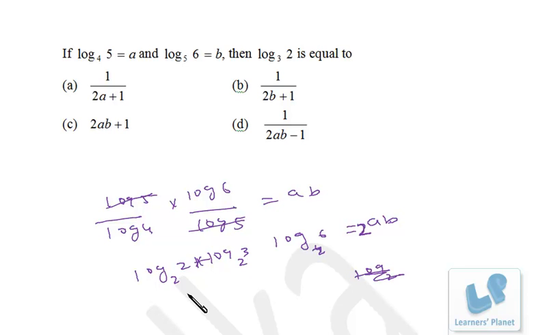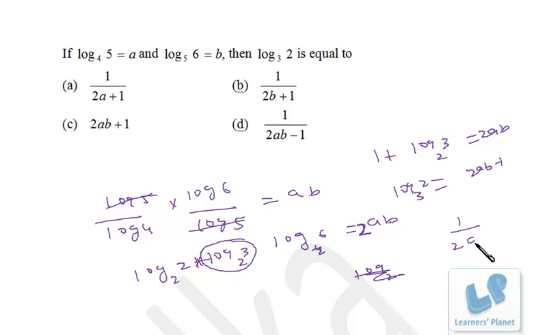So this is 1 plus this expression, so 1 plus log of 3 to the base 2 is 2AB, right? So this is actually 2AB minus 1, but we want this, so that's 1 upon 2AB minus 1, right?